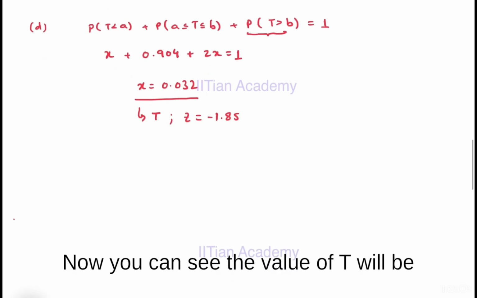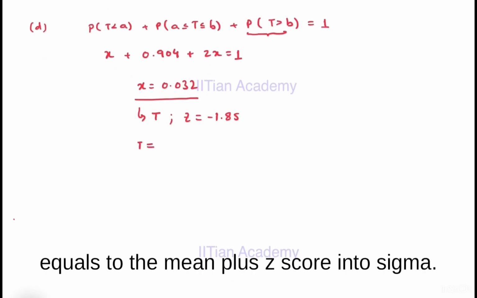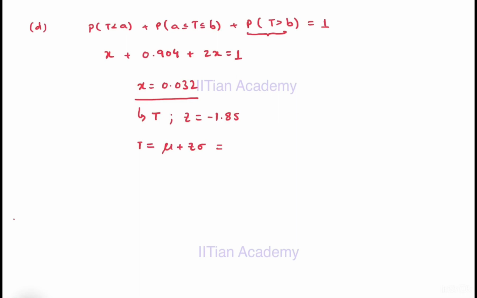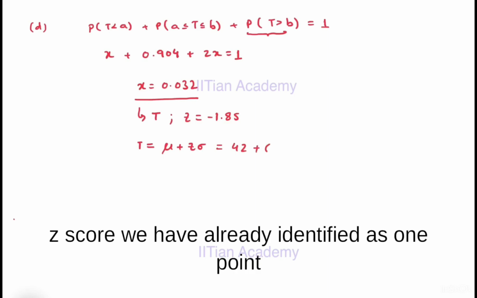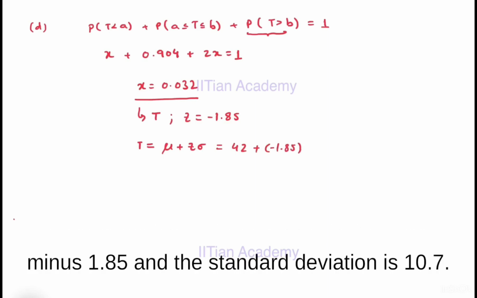Now you can see the value of t will be equal to the mean plus z-score into sigma. So the value of the mean is nothing but 42. The z-score we have already identified as minus 1.85 and the standard deviation is 10.7.